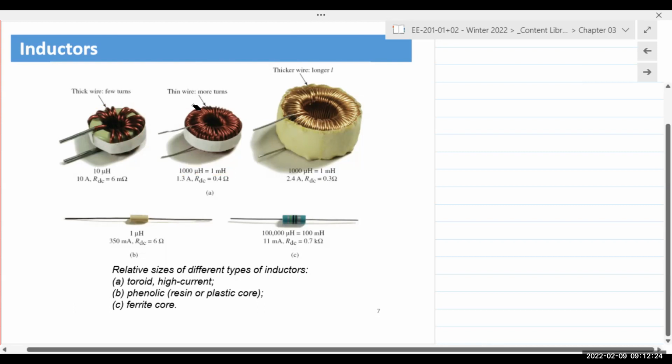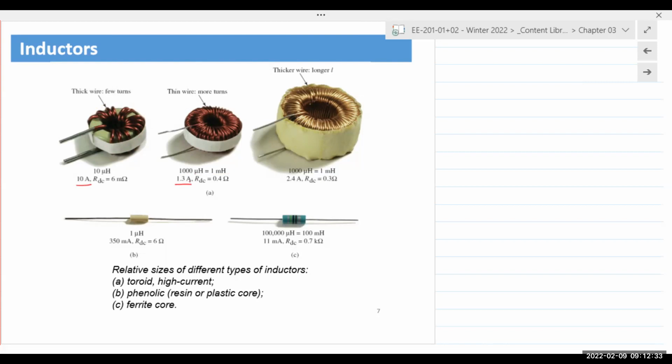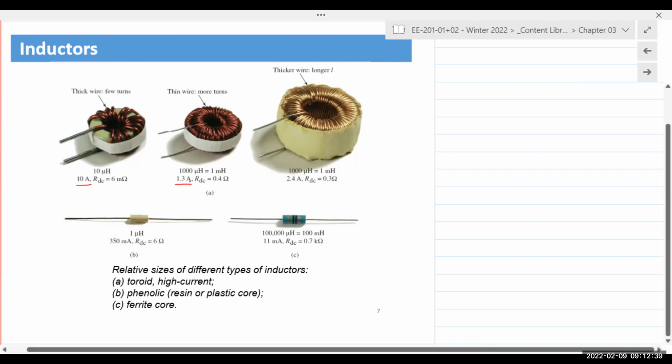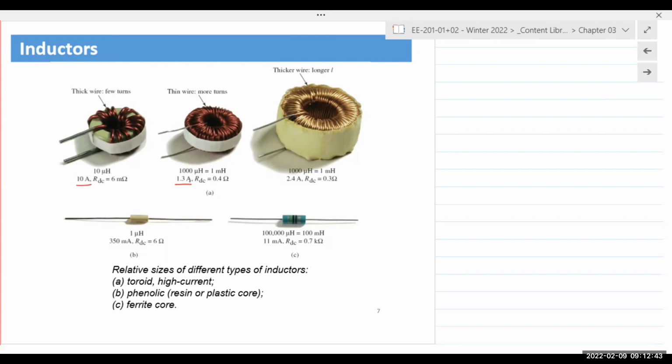But the difference is right here. The current carrying capacity of the first one is 10 amps, which is a huge amount of current. Second one, thinner wire, and so it's only 1.3 amps. The thicker the wire, the higher the current carrying capability of that conductor.